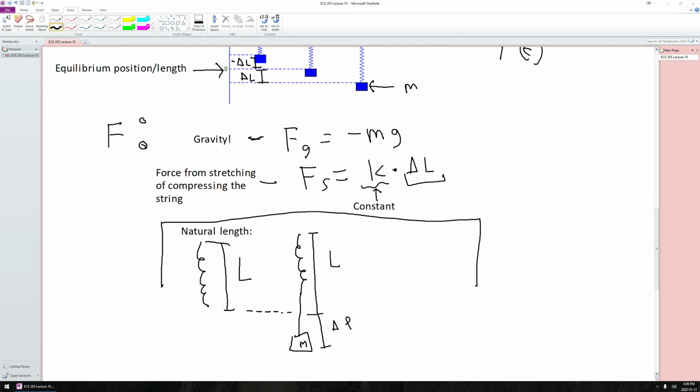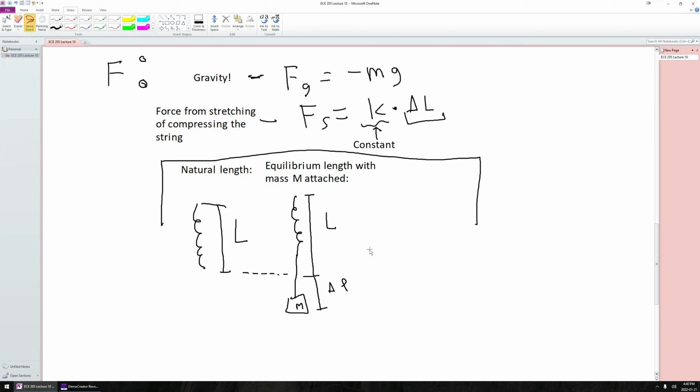This is a new equilibrium length, and we'll talk about why we want to think about this length first in a second. Beyond here, we can talk about further displacements that would be caused by some external factor, say we pull on it or the wind blows or something like that. And here we would have our spring, maybe a little bit further down, with our mass m.